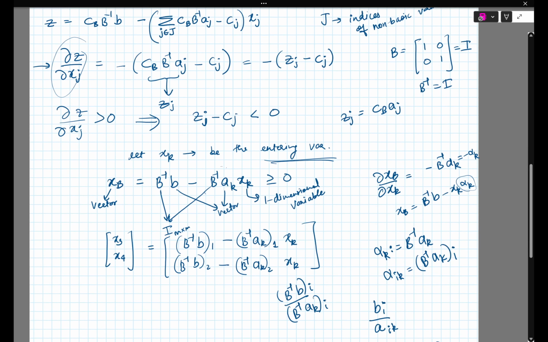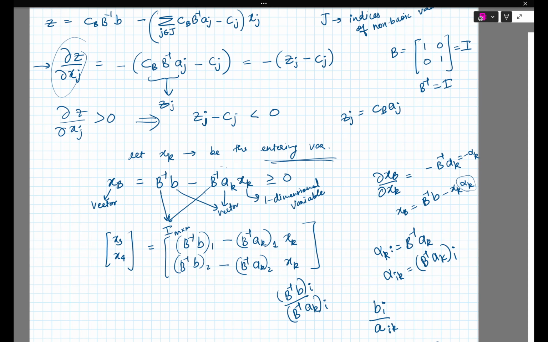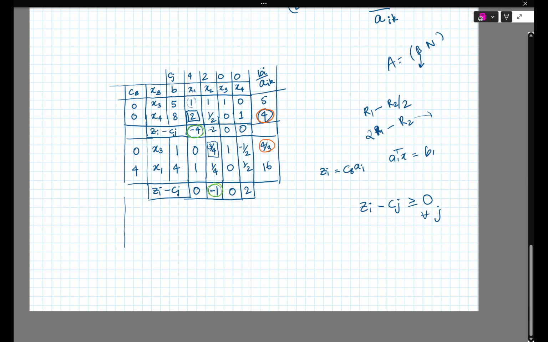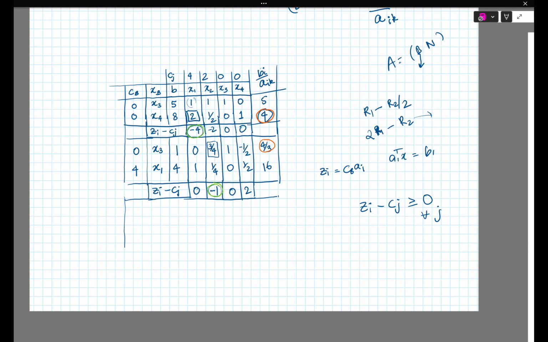So if it's positive for everyone, it means I won't gain if I change the basic variable. Okay, so we need to keep doing it till we hit this condition.